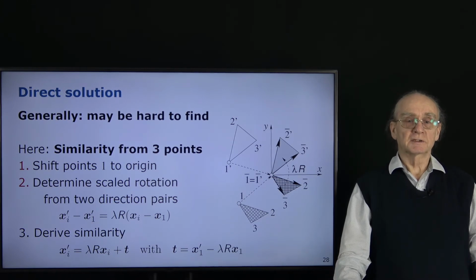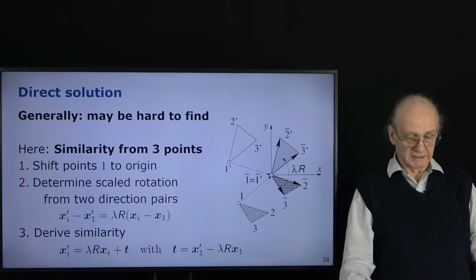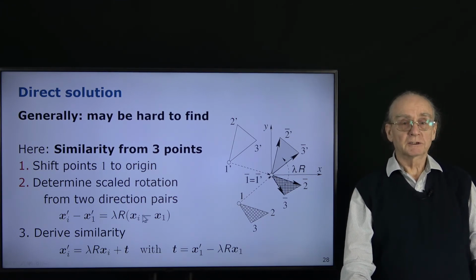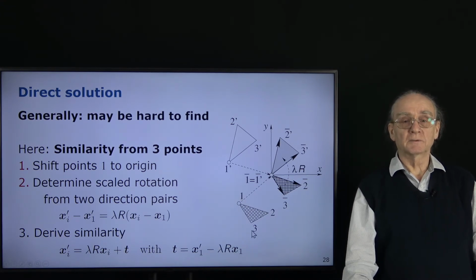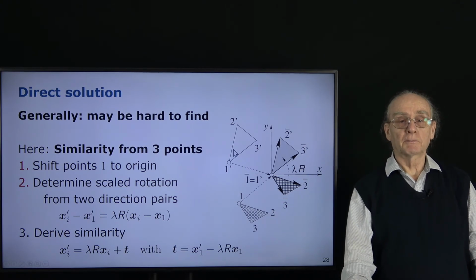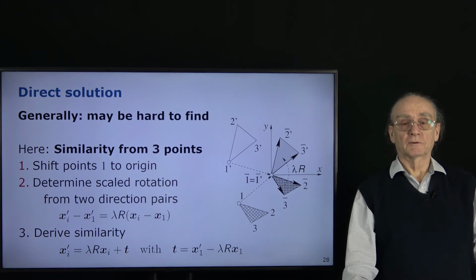In our case of a similarity from 3 points, things are quite easy, and this is shown on this slide. So imagine you have here the given 3 points, 1, 2, 3, in the given coordinate system, and you have here the corresponding 3 points, 1', 2', 3' in the observed system.